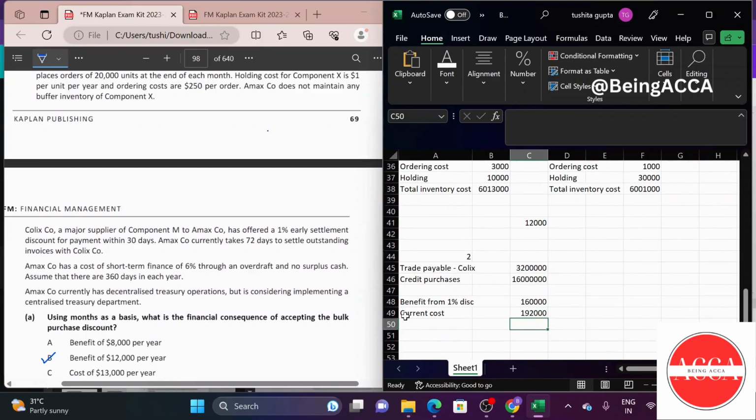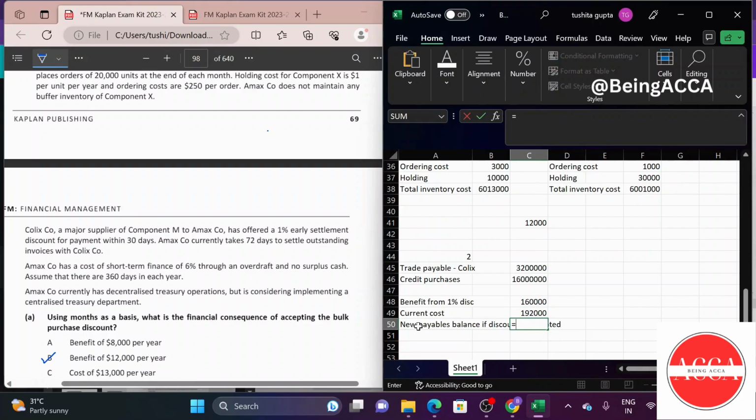Okay, so if we accept the discount, what will be our new payables balance? If the discount is accepted, currently we were taking 72 days, now we will be taking only 30 days. So what will be my new payables?